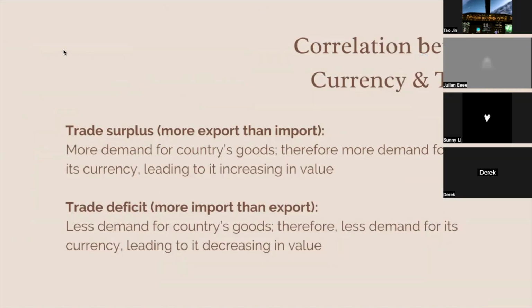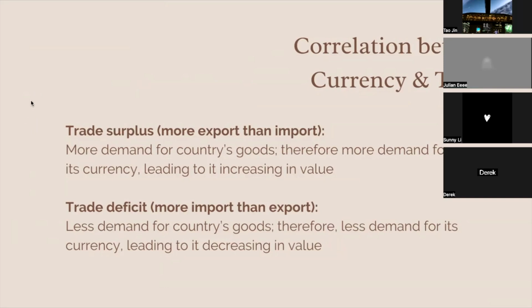So there is a correlation between currency and trade. If a country has a trade surplus, meaning that it exports more than it imports, then the demand for the country's goods is higher, meaning there's more demand for that country's currency, leading to it increasing in value.